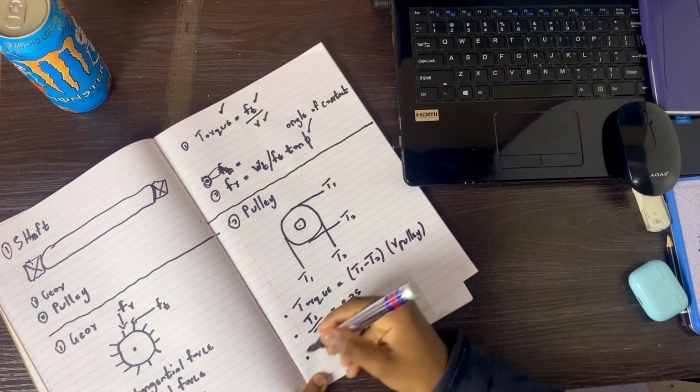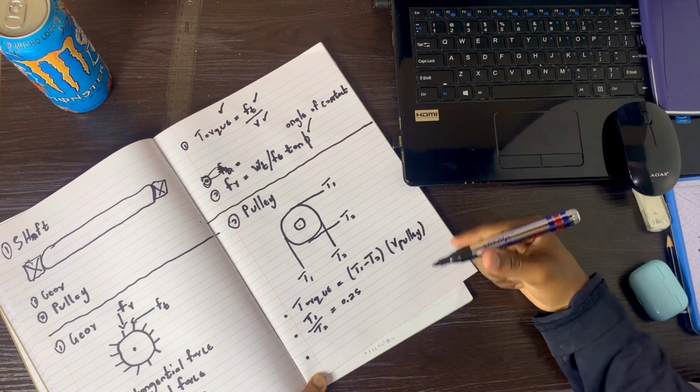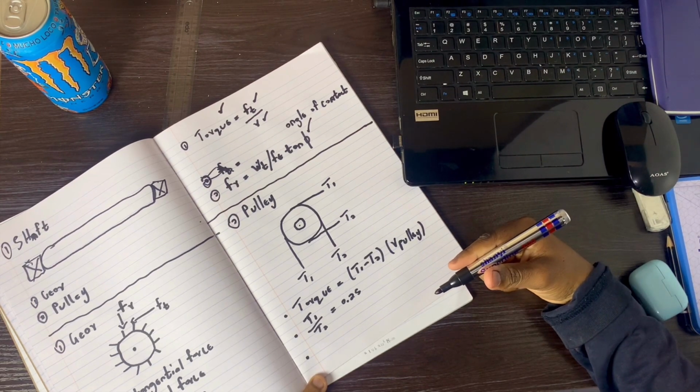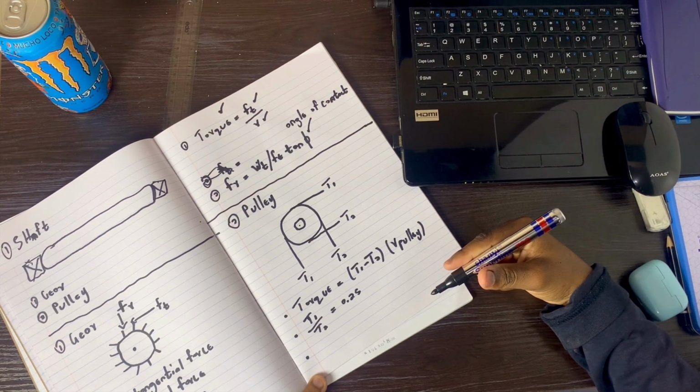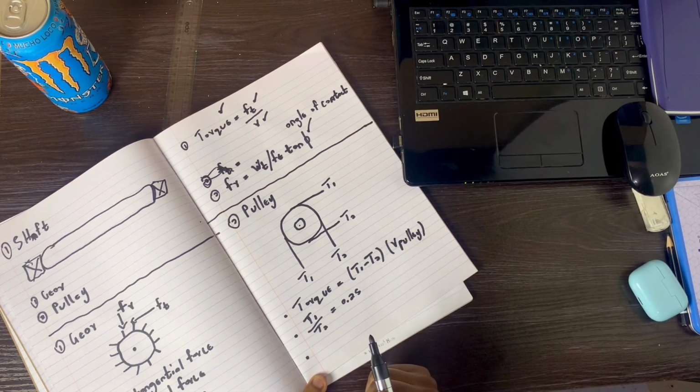And then formula number 3, maybe you can have T1 cos.